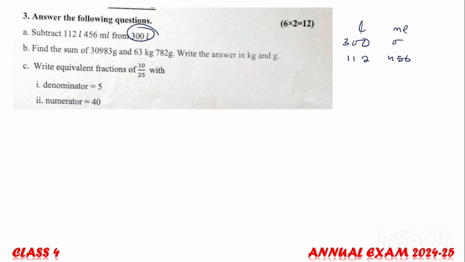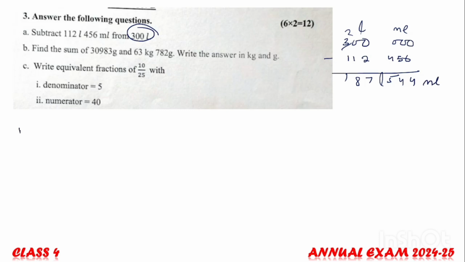Here there is nothing, so 000. Now we subtract: 10 minus 6 is 4. 9 minus 5 is 4. 9 minus 4 is 5. 9 minus 2 is 7. 9 minus 1 is 8. 2 minus 1 is 1. So the answer is 187 liter and 544 milliliter.